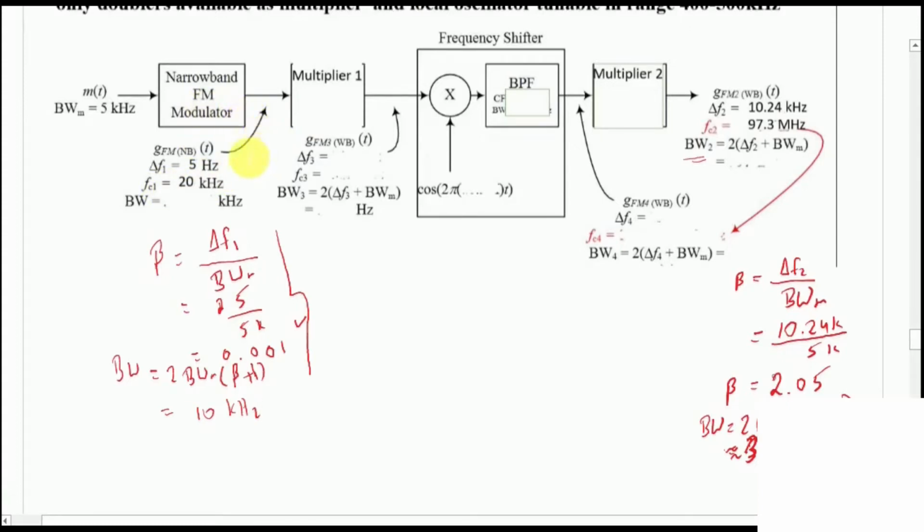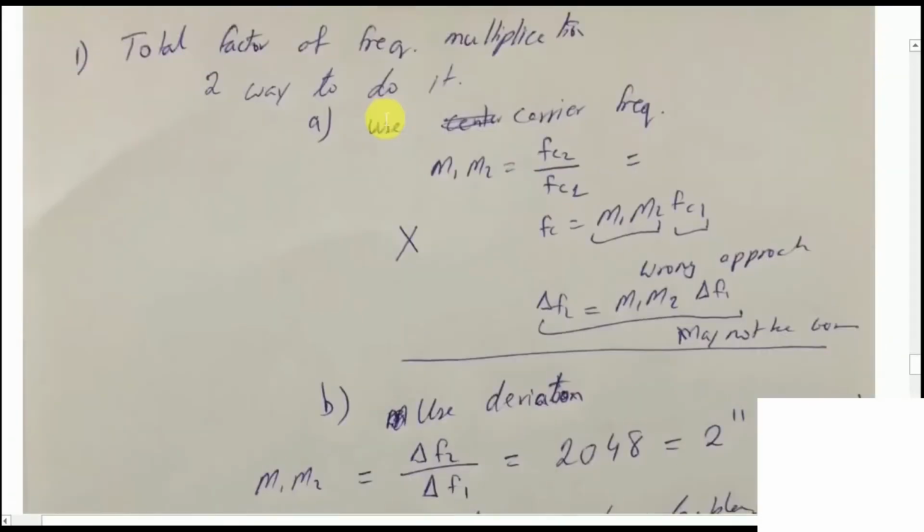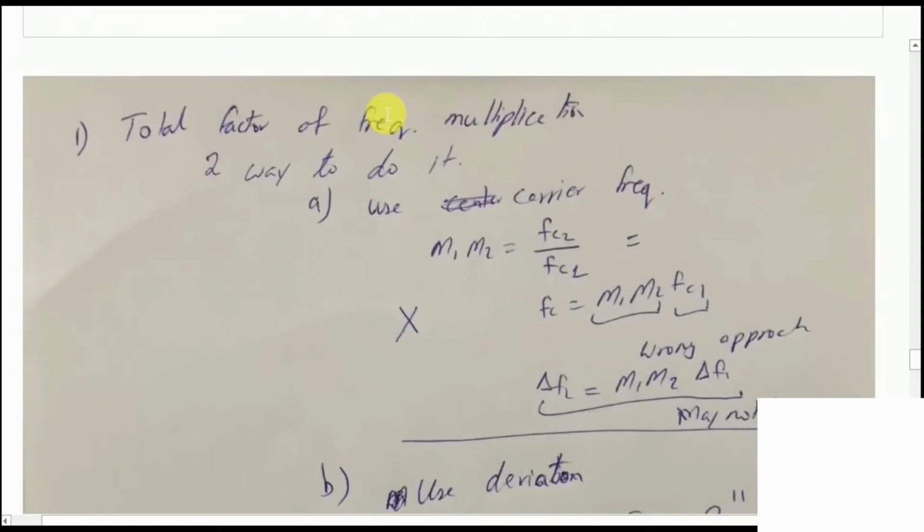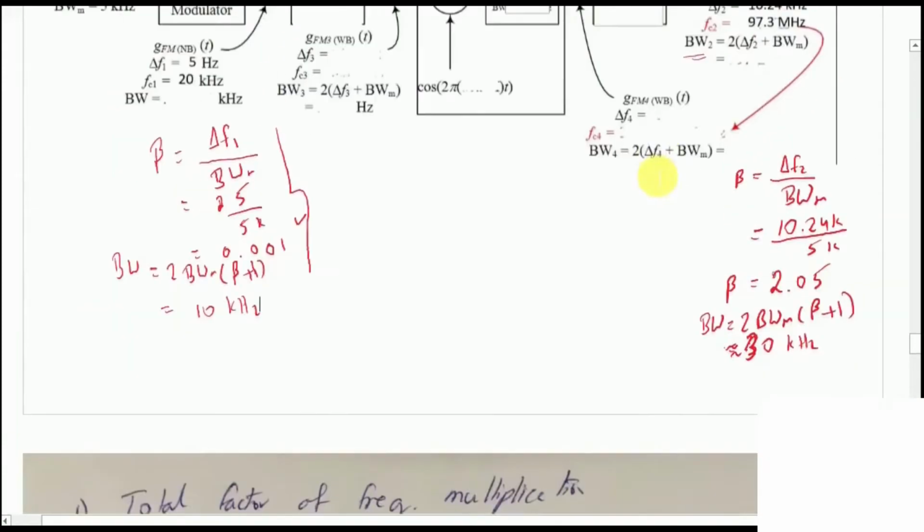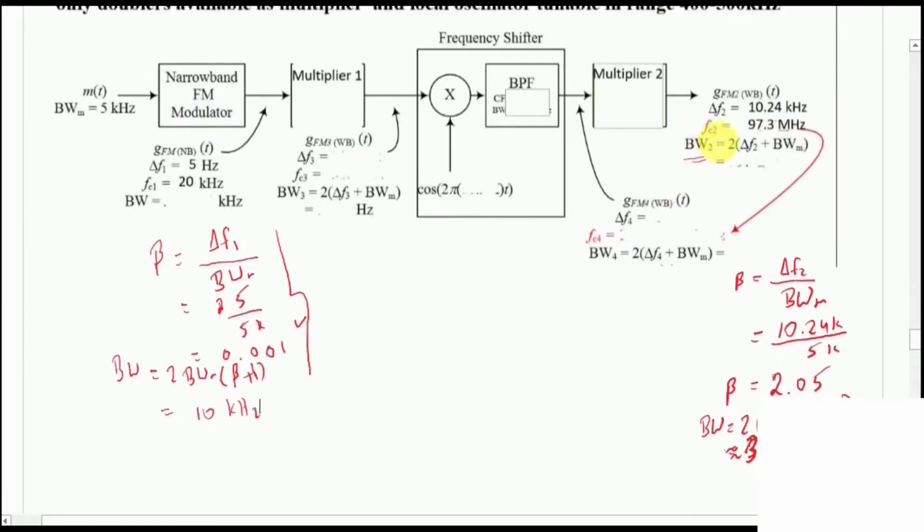Based on this given information we can estimate what sort of multipliers there would be. There are two ways to go about it. In the first method you use the carrier frequency, FC2, at the output of WBFM or wideband FM.